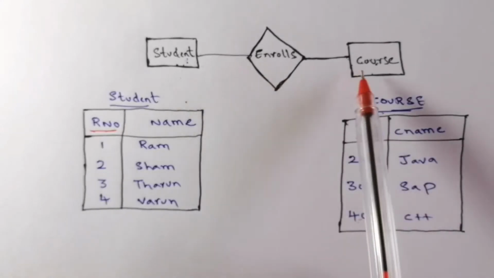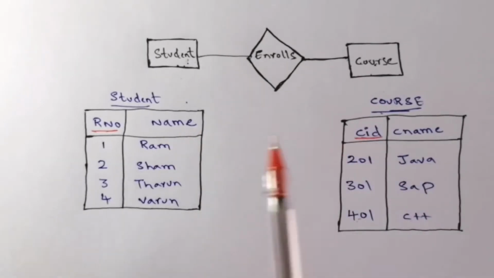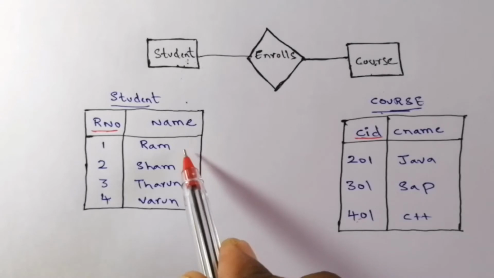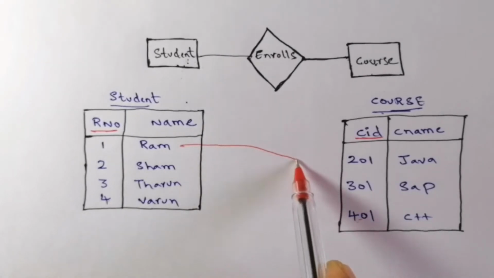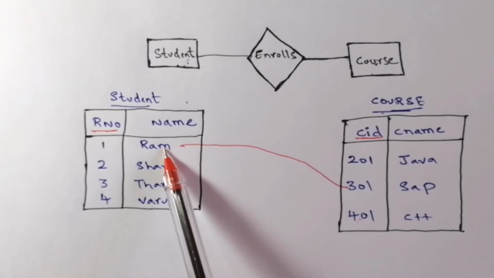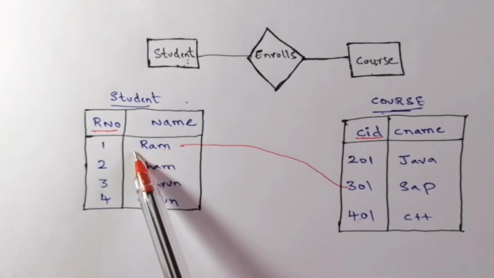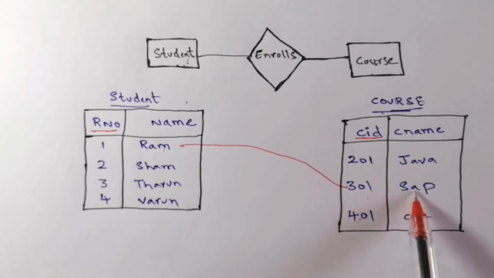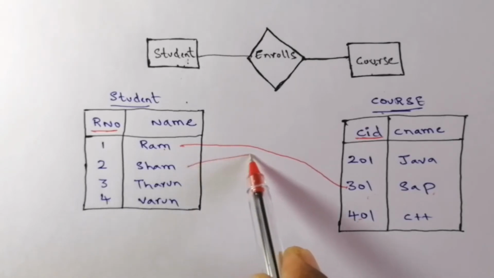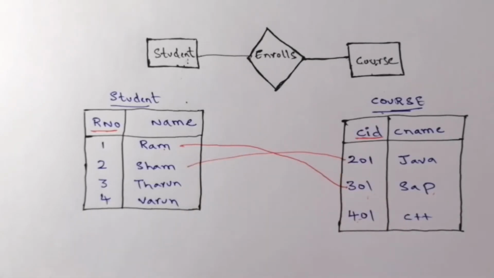Now the student and course are participating in a relationship. Suppose Ram joins SAP. So it is one relation between this particular tuple, Ram, and the course SAP. In the same way, Sham joins course 201.